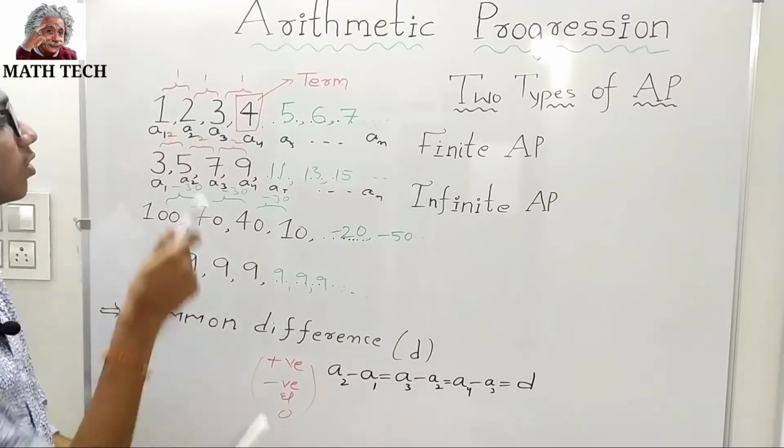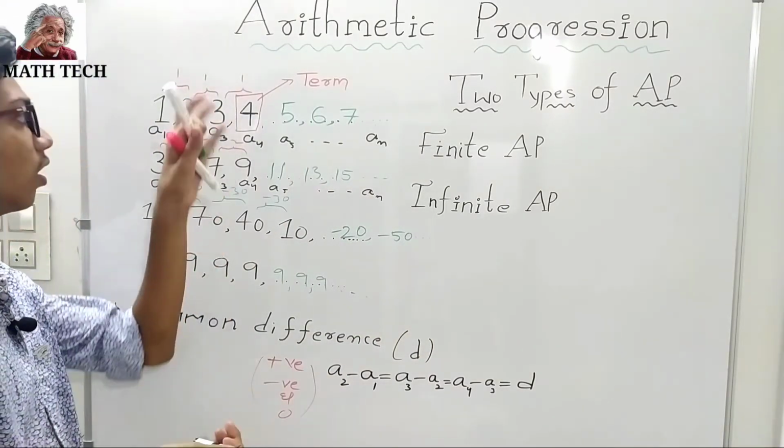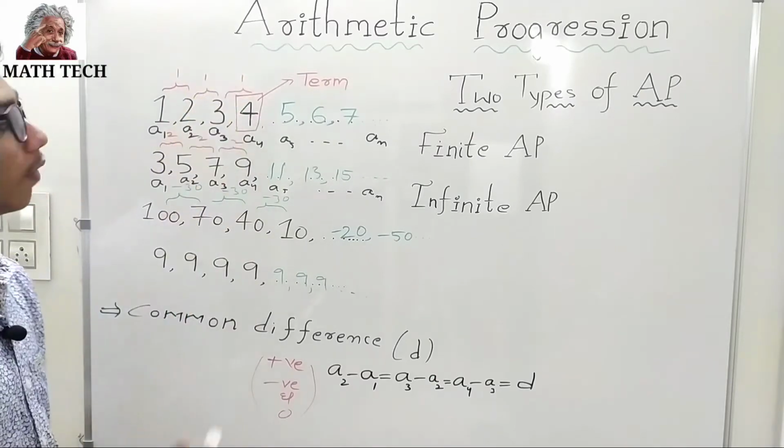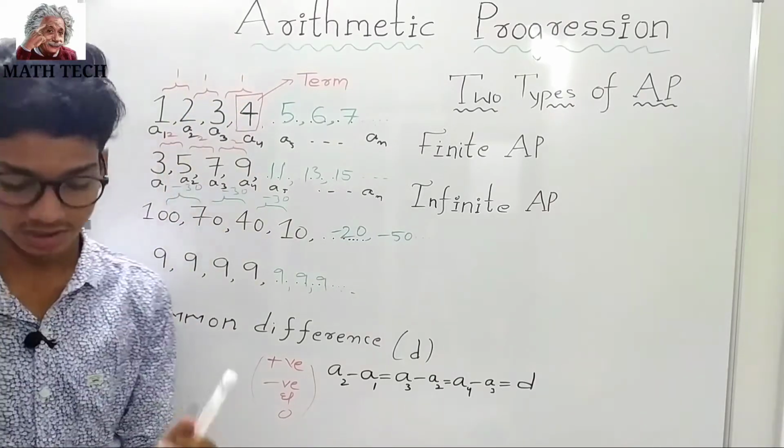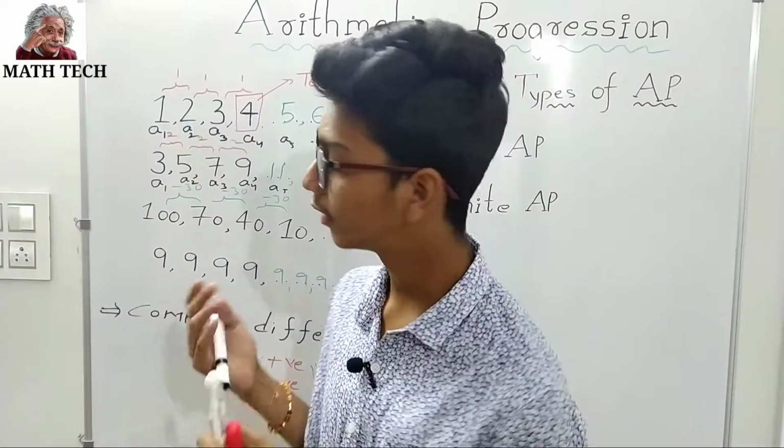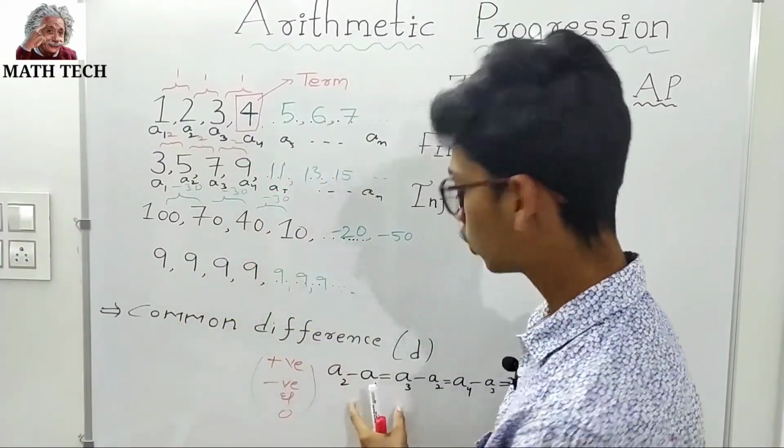We can clearly observe that the difference between consecutive numbers is our common difference.